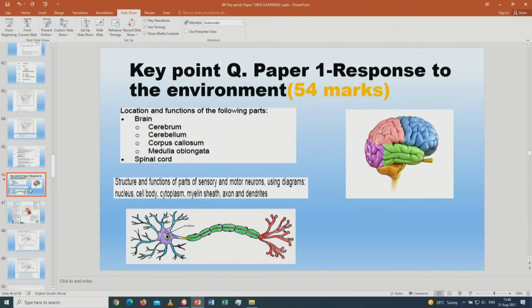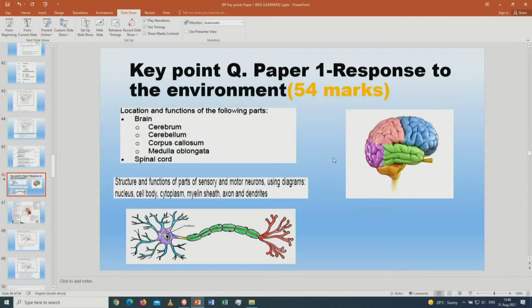All right, and then under response to the environment, human nervous system, remember location and functions of the following parts of the brain. The cerebellum, corpus callosum. Please, please, please just make sure that you revise this.